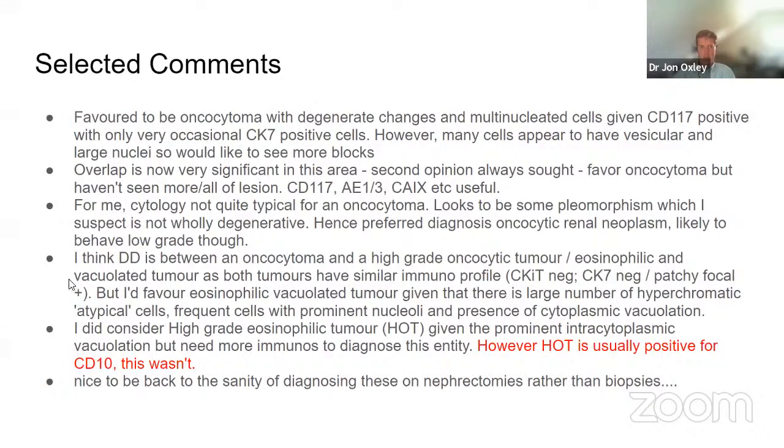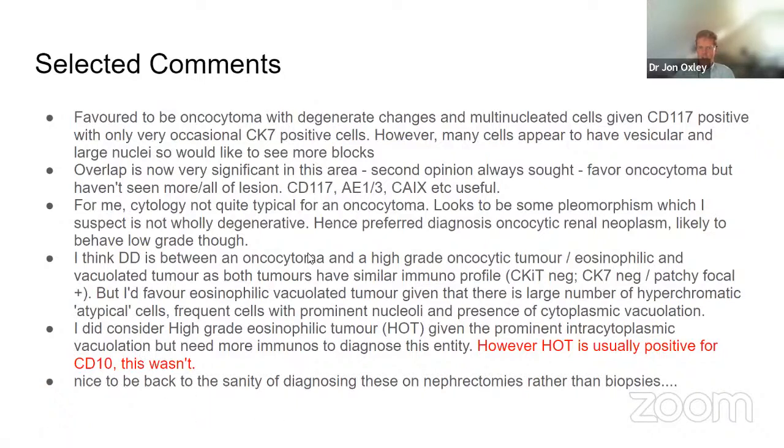And then the differential diagnosis was between an oncocytoma and a high-grade oncocytic tumor, which is now an eosinophilic vacuolated tumor. Both tumors have a similar immunoprofile, but I favor eosinophilic tumor, given the large number of hyperchromatic atypical cells. I did consider high-grade eosinophilic tumor, given the prominent intracytoplasmic vacuolation, but needed more images to discard this. However, HOT is usually positive for CD10, and this wasn't. So we were told there was CD10.